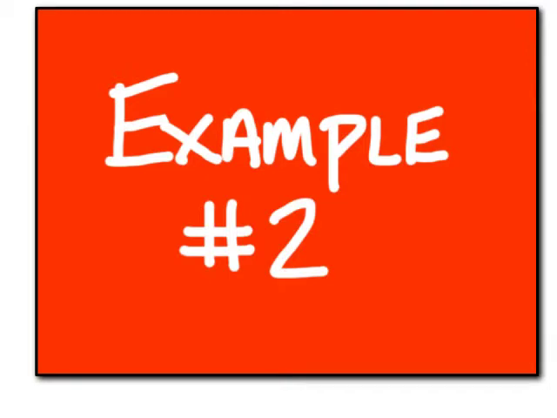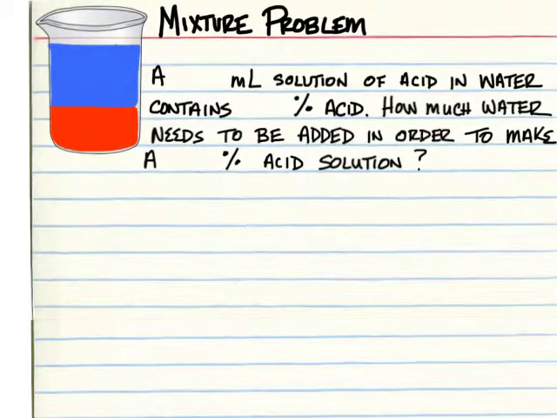Example number 2. In this case, we have a 315 milliliter solution of acid in water that contains 16% acid. How much water needs to be added in order to make a 10% solution?